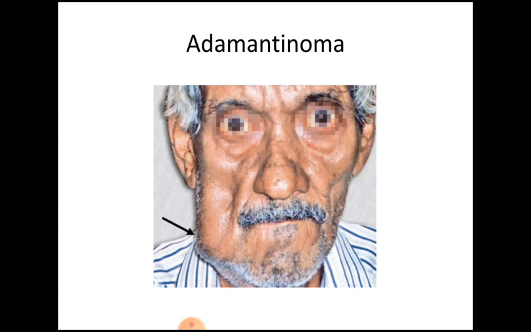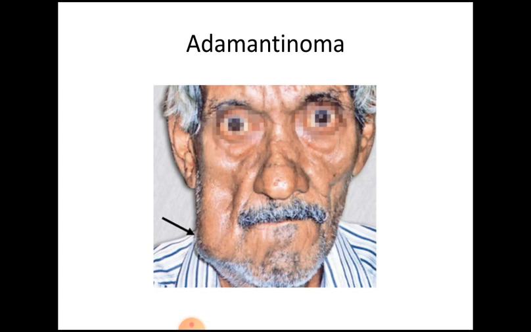So adamantinoma is near the angle of the mandible, while osteoclastoma is near the symphysis menti. The adamantinoma spreads horizontally and vertically, while the osteoclastoma spreads horizontally only. It stops at the angle of the mandible and does not reach the ramus. Adamantinoma reaches the ramus of the mandible.